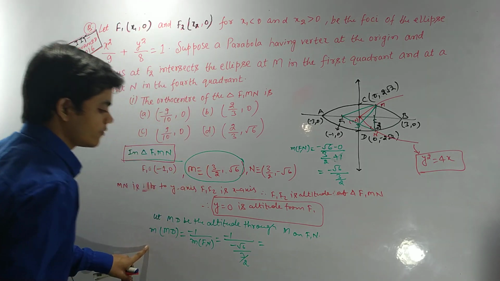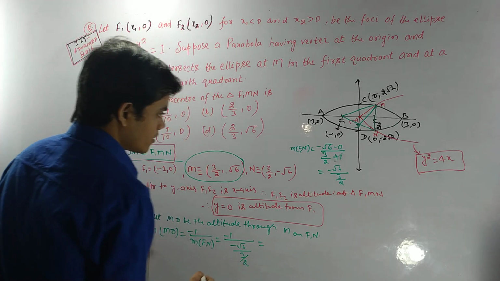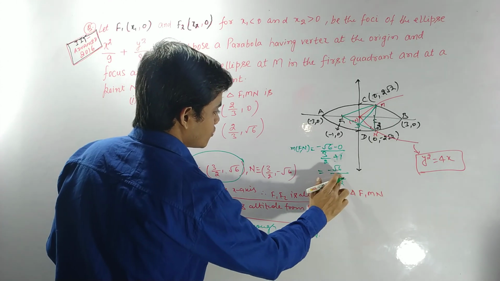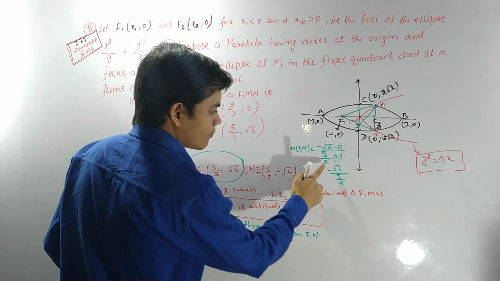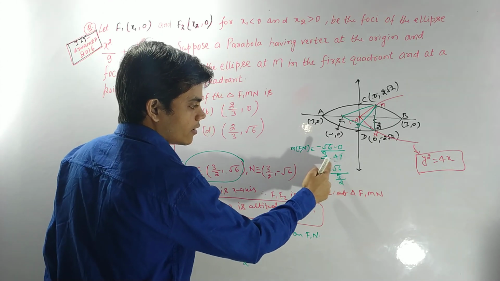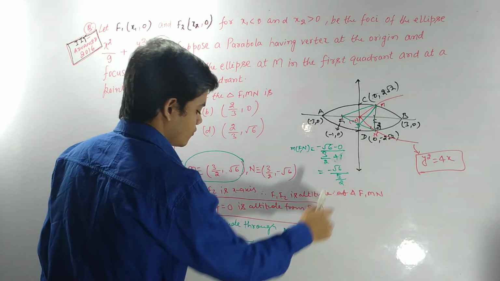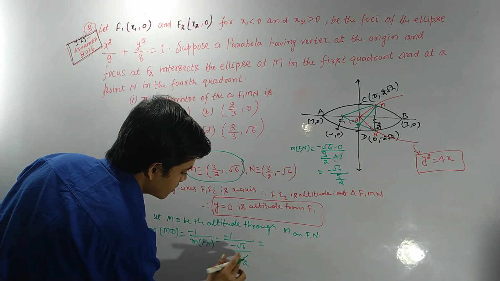So this will give you, sorry, 5 by 2, because 2 is the LCM, 3 plus 2, 5 by 2. So this is 5 by 2.